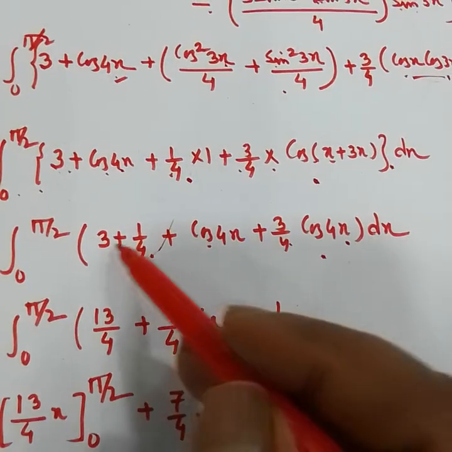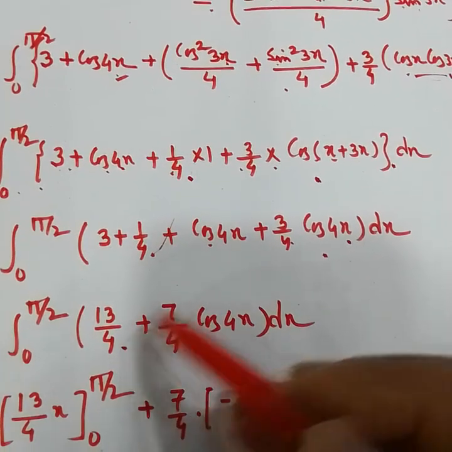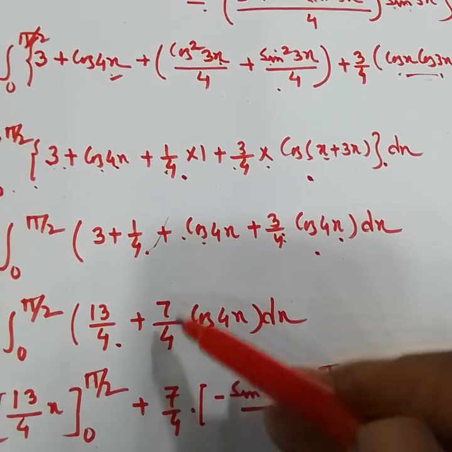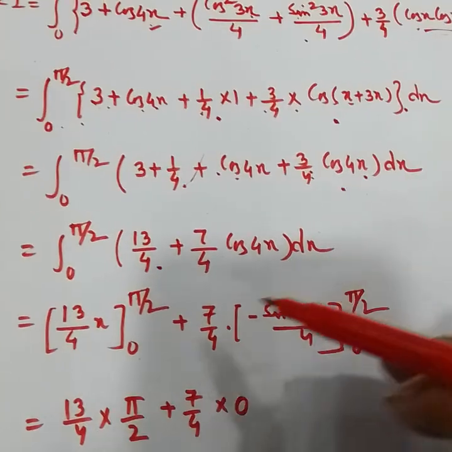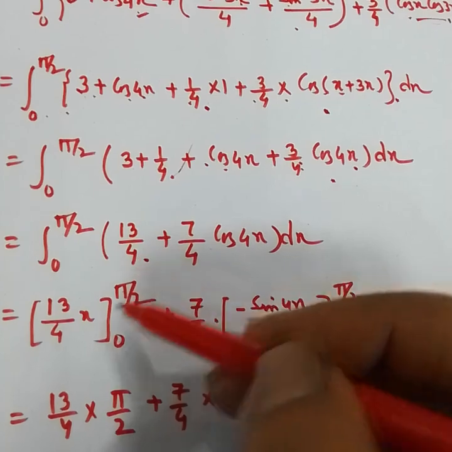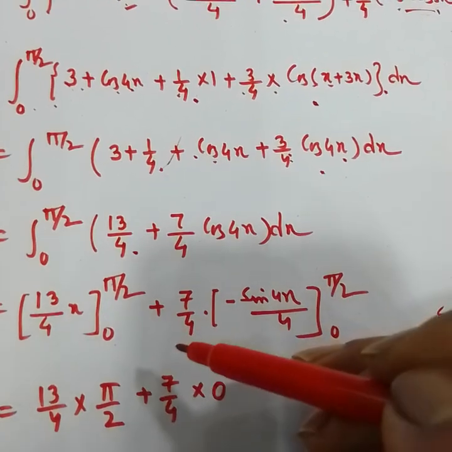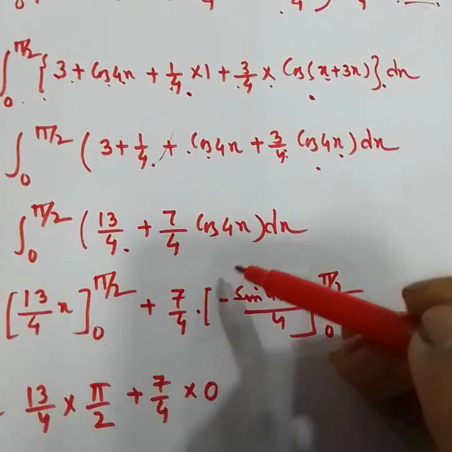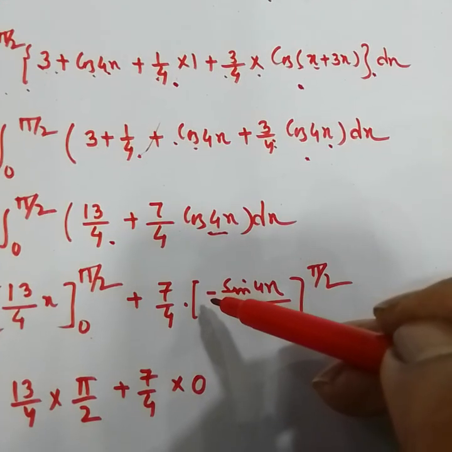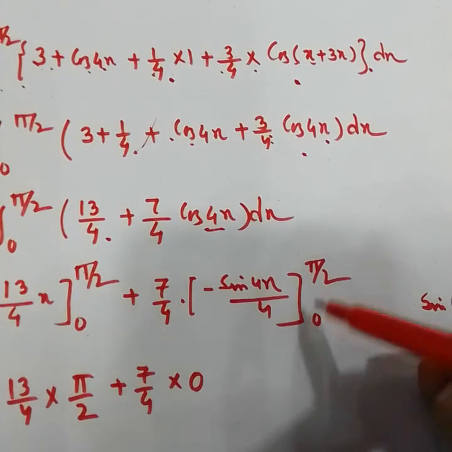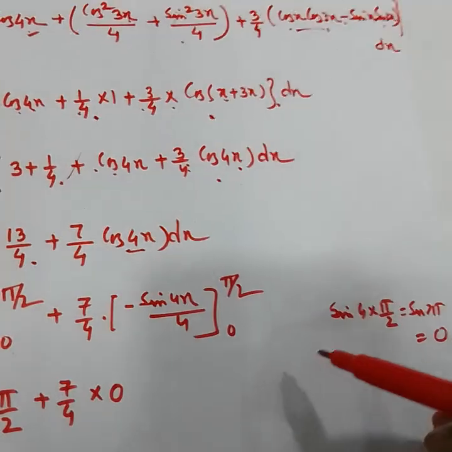So adding, 3 plus 1 by 4 gives 13 by 4, and 3 by 4 plus 1 gives 7 by 4 into cos 4x dx. Then integrating, we get 13 by 4 into x from 0 to pi by 2 plus 7 by 4 into, after integrating cos 4x, sin 4x by 4, from 0 to pi by 2.